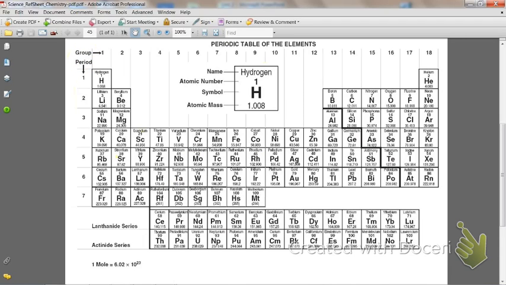Right. So now we also said that the periodic table is arranged by the atomic number. Well, looking at here, the atomic number in our key for hydrogen is number 1. And you can find the atomic number for all the other elements right above the symbol. And so you'll notice that hydrogen is our first element. It has an atomic number of 1.